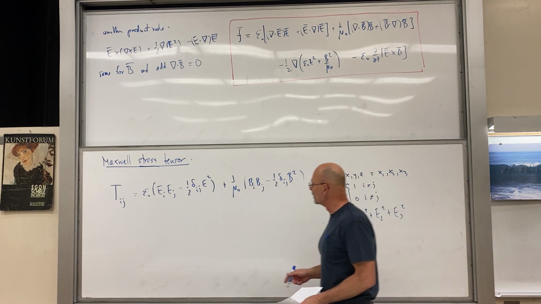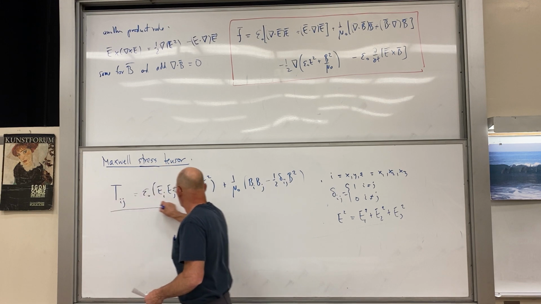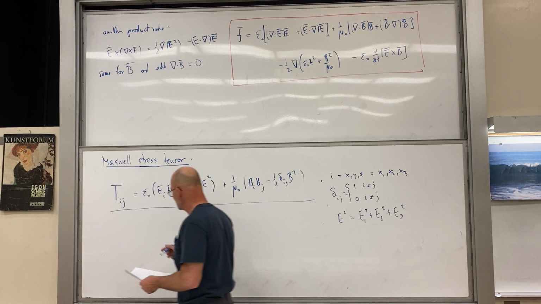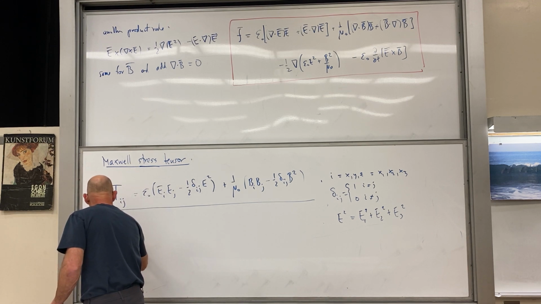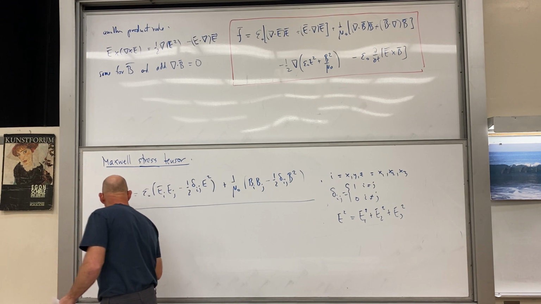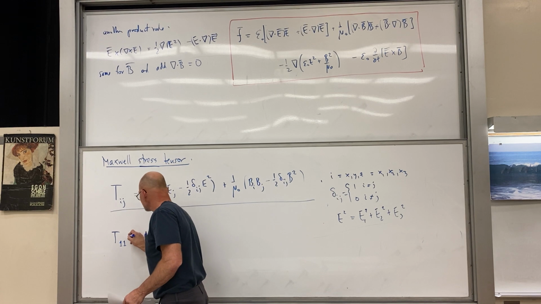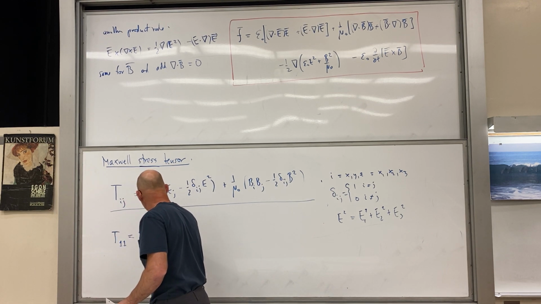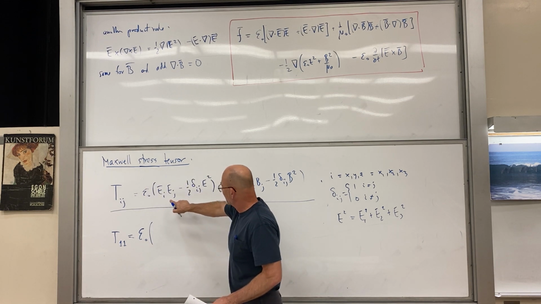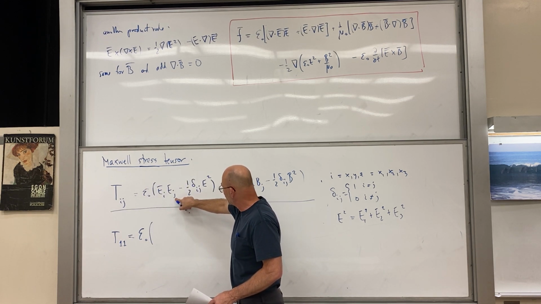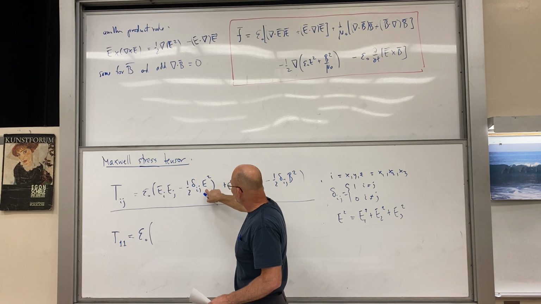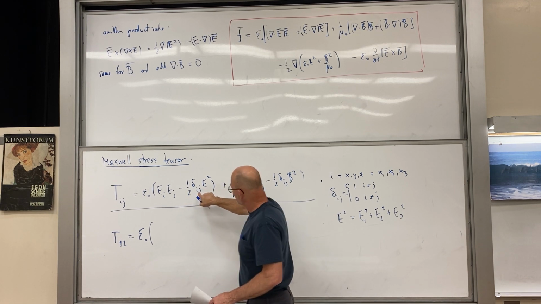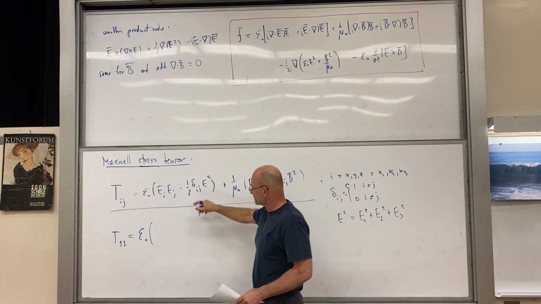So the first thing to do is just see what some of the components are. So T sub 1,1, or xx: epsilon naught, E sub 1 squared minus 1/2 E squared, so you get a 1 right there.